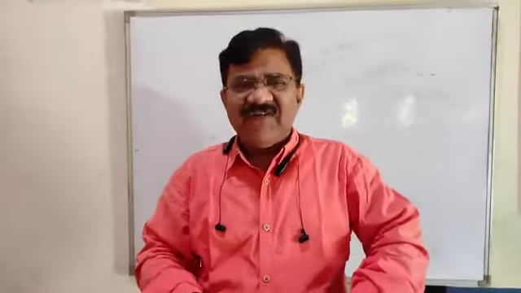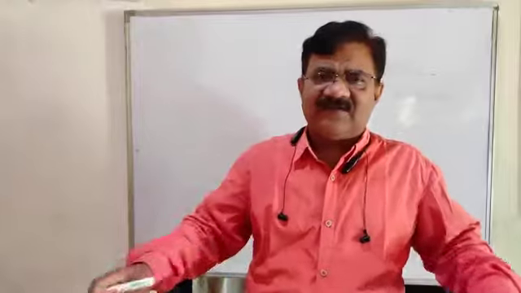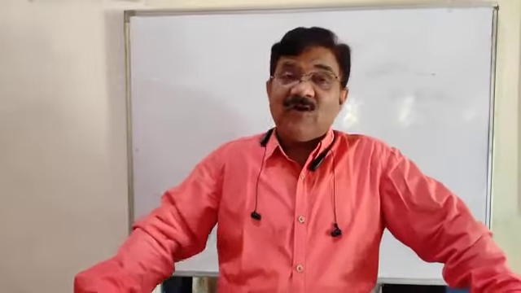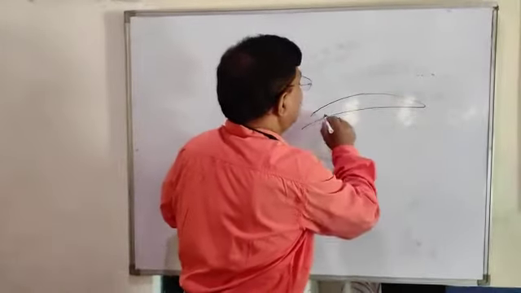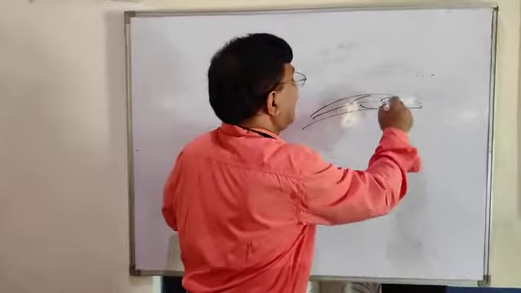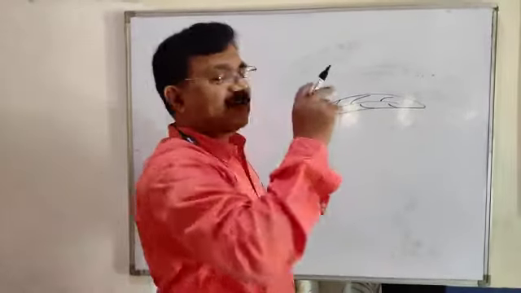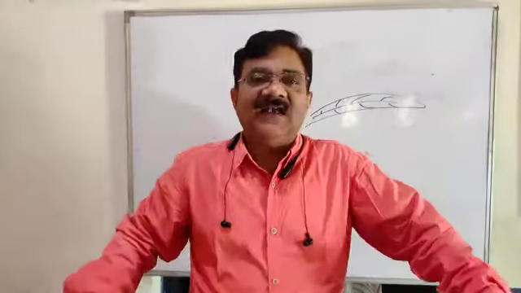Next is fewer stomata. In certain plants, to check the loss of water by transpiration, stomata are fewer. Narrow leaves, again in Nerium, the leaves are narrow. If the leaves are narrow, naturally what will happen? Less stomata will be there and less transpiration will be there.